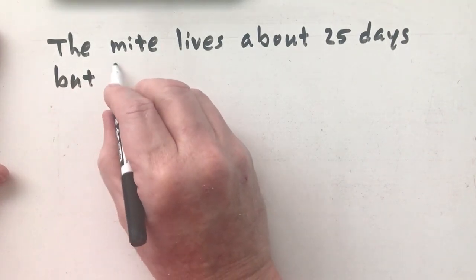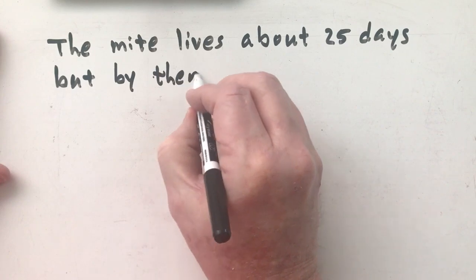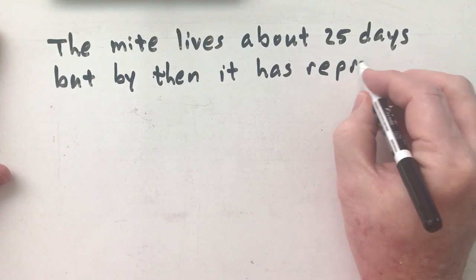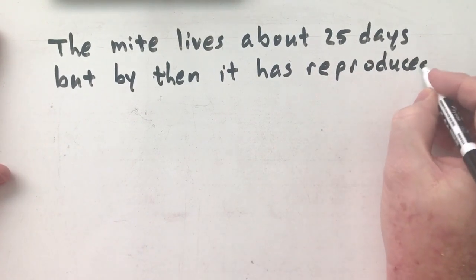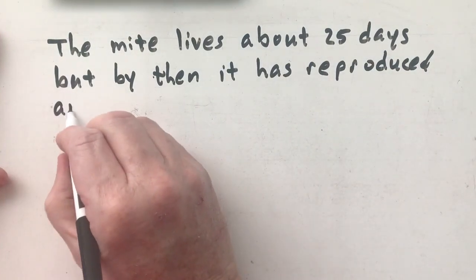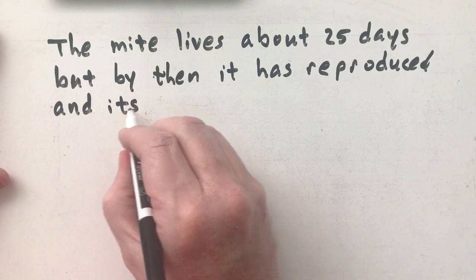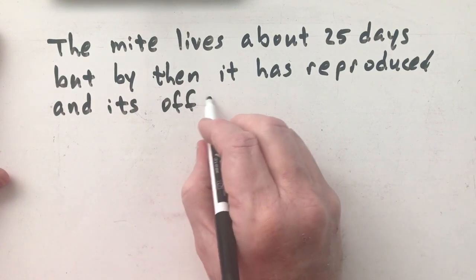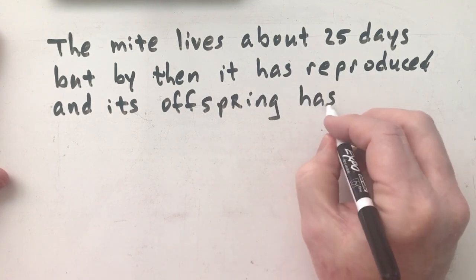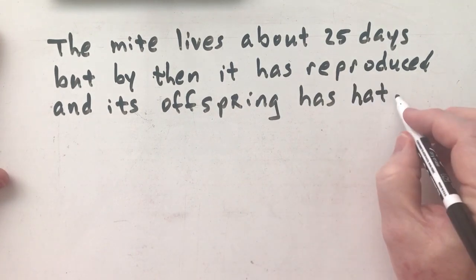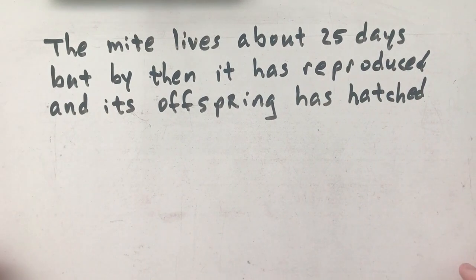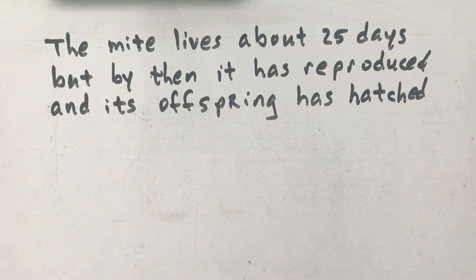But by then, it has reproduced and its offspring have already hatched. So you can see it's a pretty quick lifespan. Basically they're born and they lay their eggs and then they die.